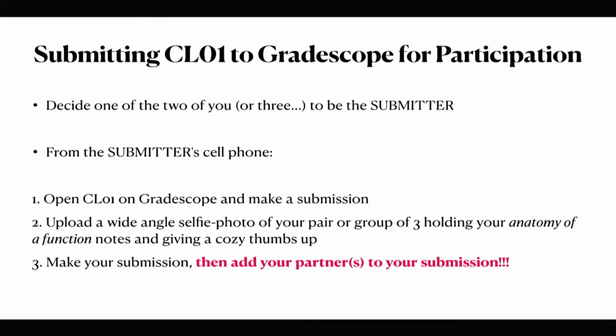One of you will be the submitter, and I want you to hold up your anatomy of a function and give a cozy, happy, excited thumbs up. On Gradescope, you'll submit this photo, and I'll give you all 5 minutes to do so. I'll talk about office hours in 3 minutes, so go ahead and do this.